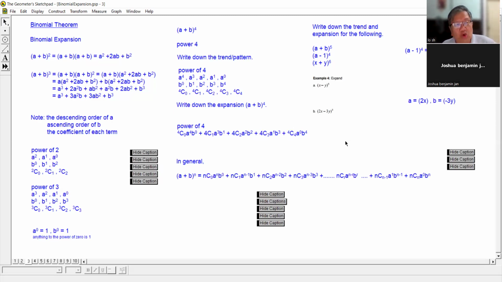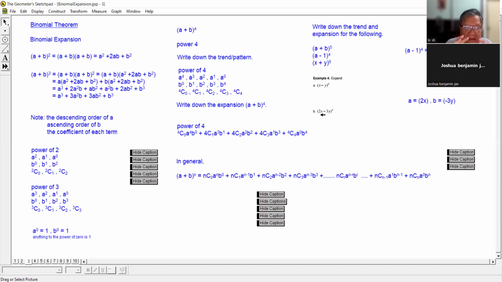Also 2. Now, if you recognize this, the power of B is 2, then the number at the bottom of the choose there is also 2. This number is exactly the same as the power of B. And you see that here 4, then the power of B also 4. And you see here the C here is 2, the power of B is 2.